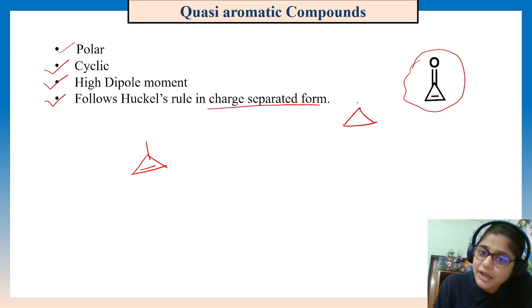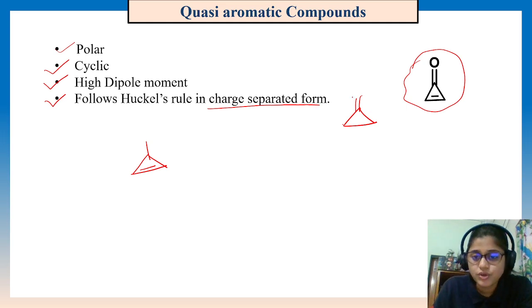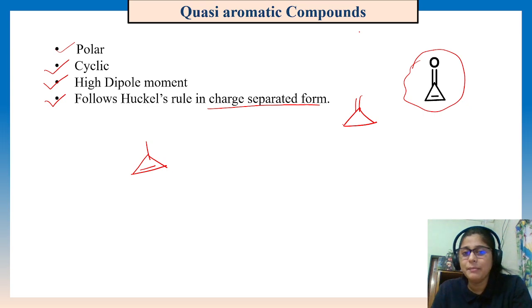And again we are putting sp2, making a double bond and making it sp2. So sp2 needs a larger bond angle, 120 degrees. But here you can see a very small bond angle, almost 60. So there is strain.